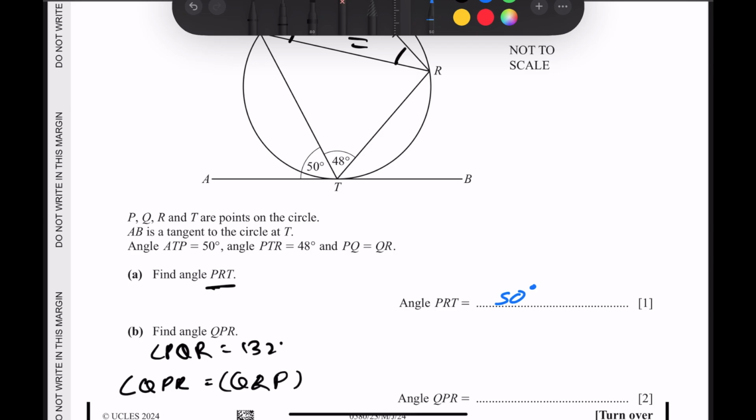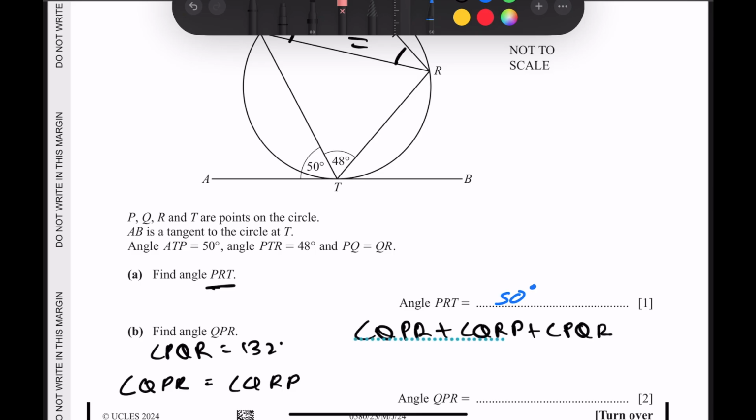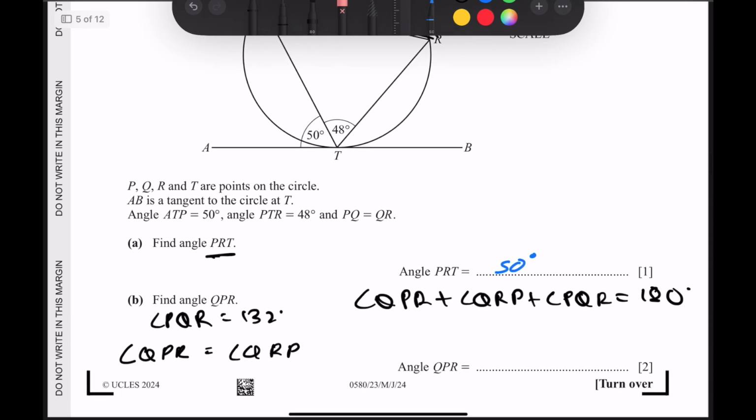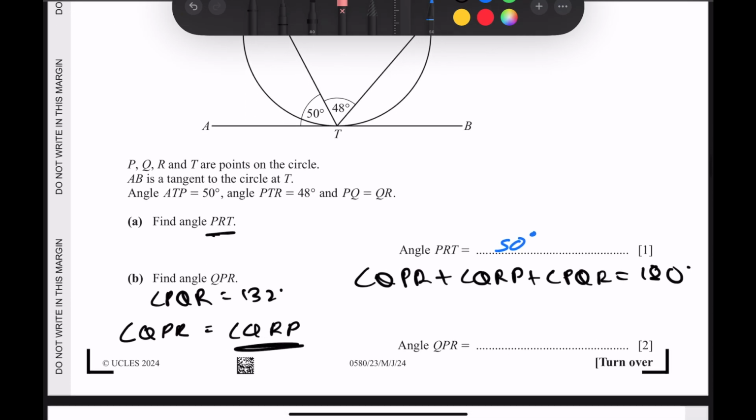Let me rewrite this because I think I wrote it very unclearly. Angle QPR plus QRP plus PQR is equal to 180 degrees, since all the angles in a triangle, in this case the triangle PQR, add up to 180 degrees. And since QPR is equal to QRP, we can rewrite this as 2 times QPR is equal to 180 degrees minus angle PQR, since we move PQR to the other side.